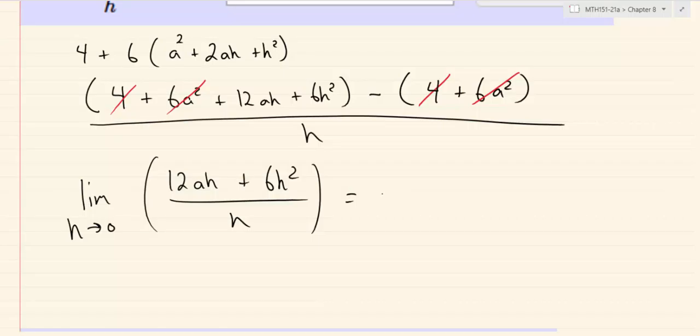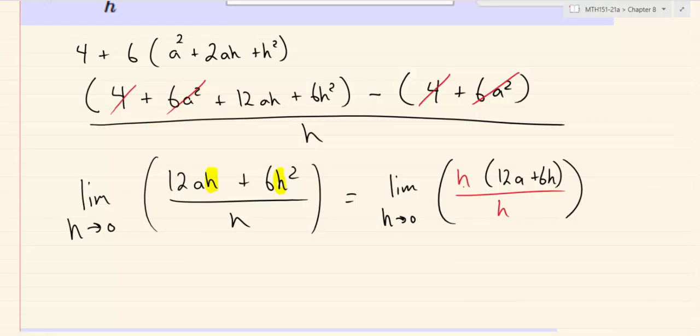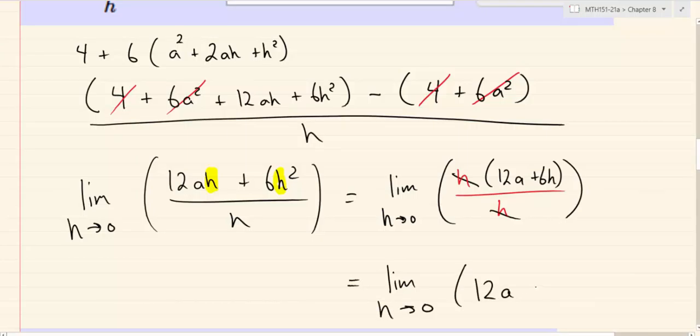That'd make things really nice. So let's factor an h out of everything in the top. And what's going to happen with those h's? They're going to cancel all the time, every time. And this will leave you with the limit as h approaches 0 of 12a plus 6h.